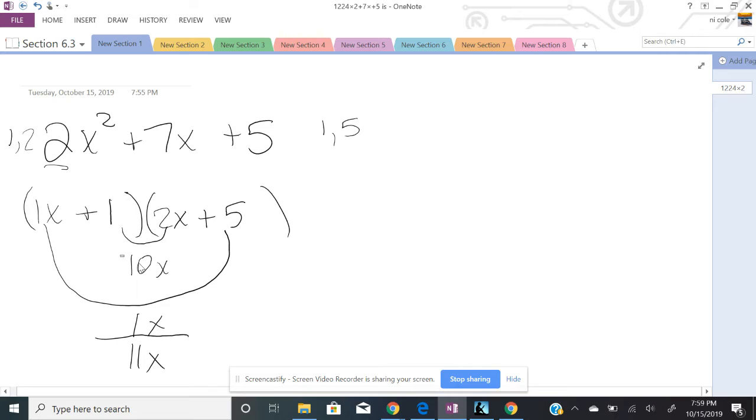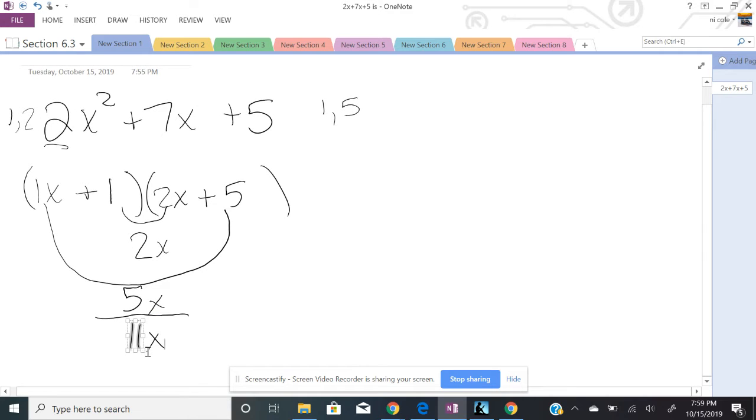When I do that, that gives me 2x and 1, and then 1x times 5 gives me 5x. When I sum up 2x and 5x, that gives me 7x. So then this would be your solution.